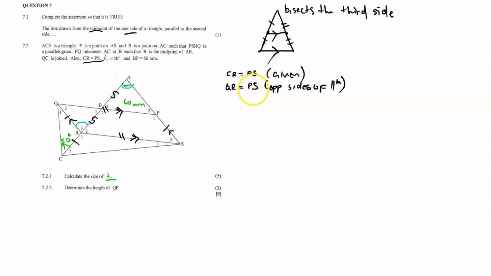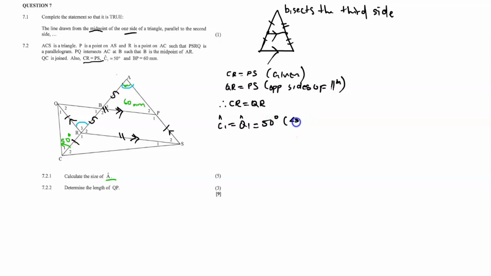And then, as you can see, this is PS, this is PS, so that means CR is actually equals to QR. So therefore, CR is equals to QR. And then it simply means angle C1 is equals to angle Q1. They are both equals to 50 degrees.